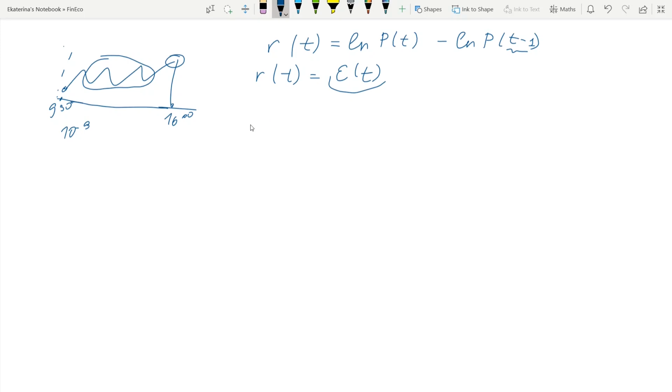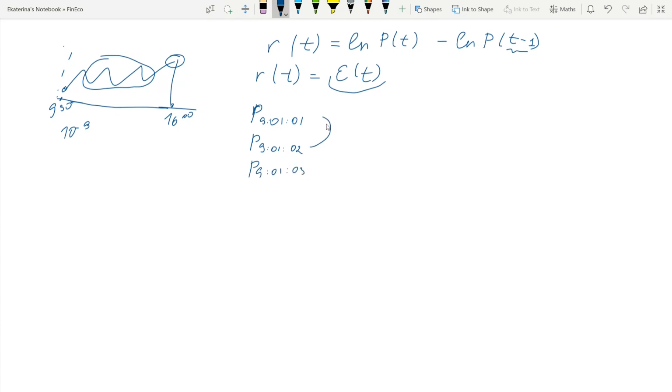So if you look empirically at the data, and if you look at the return, you have, for example, your prices at 9 a.m., first minute, first second. Then you have your price at 9 a.m., first minute, second second, and so on and so forth.